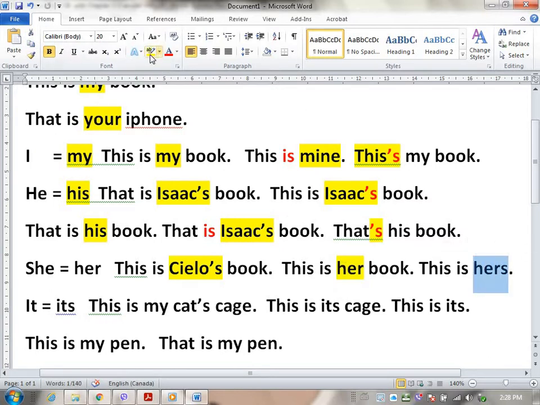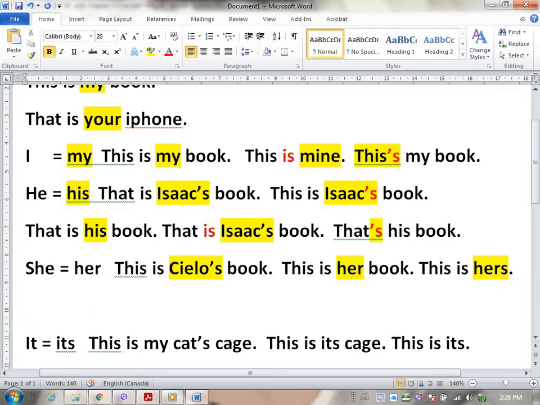See, all of them have the same meaning. And also here, the same thing. When we speak, because we speak fast, you see, this is Celo's book. This is, see here, and it's not this. You have to see it's different.